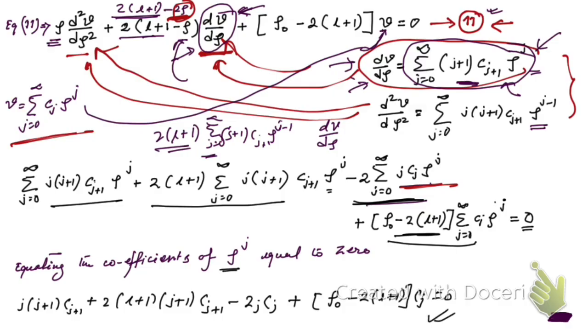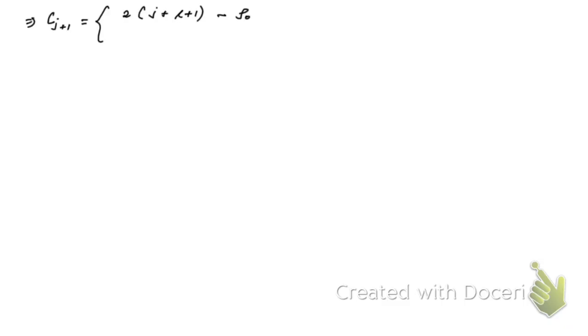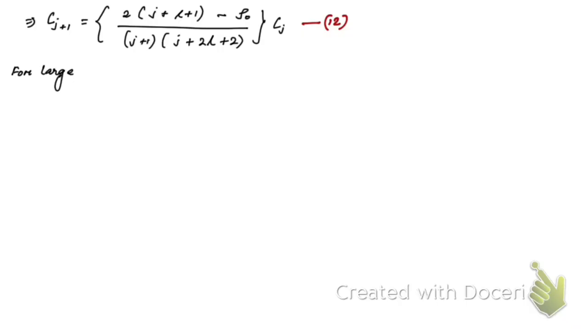We have written the coefficients of rho to the power j here and equated to 0. Now if we simplify this, we will get this term. This is, suppose, equation number 12. Now for large j, as we are going to examine the asymptotic behavior, we have to take large j, which corresponds to a large value of rho.